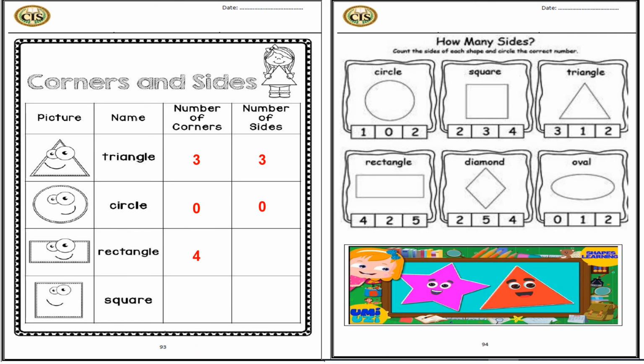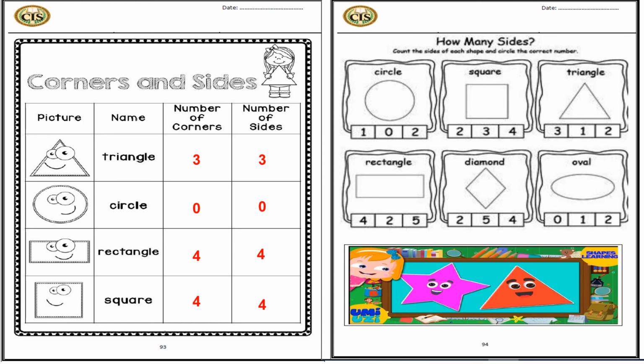And how many sides? There are also 4. The last shape, we call it square. How many corners in the square? 4. And how many sides? 4 also.